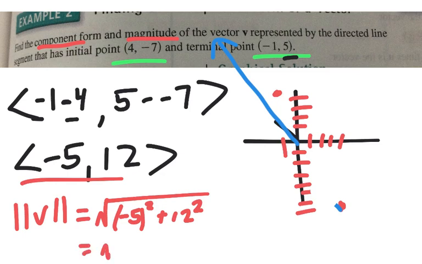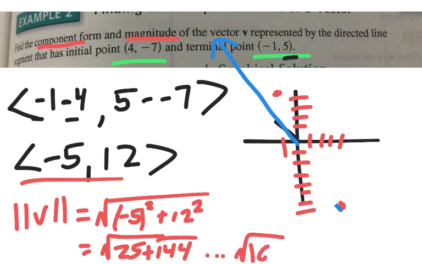That's going to be radical 25 plus 144, which is radical 169, which is 13. I knew that from the get-go because I know my Pythagorean triples. This is a 5, 12, 13 Pythagorean triple. Y'all remember those? Like 3, 4, 5, 5, 12, 13. So I didn't actually have to use the distance formula.